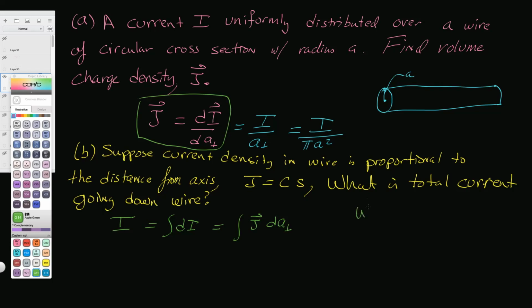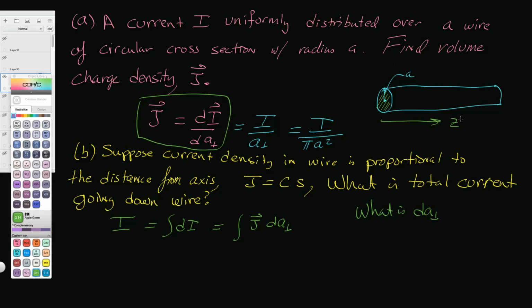Let's think for a second. We'll use cylindrical polar coordinates because we might as well. What's changing is S and phi. This is dA perp here. Z isn't changing, but S changes as we integrate, and as we go around the circle phi changes as well.